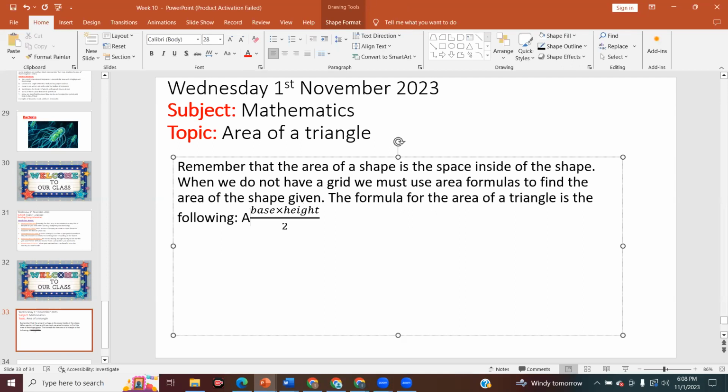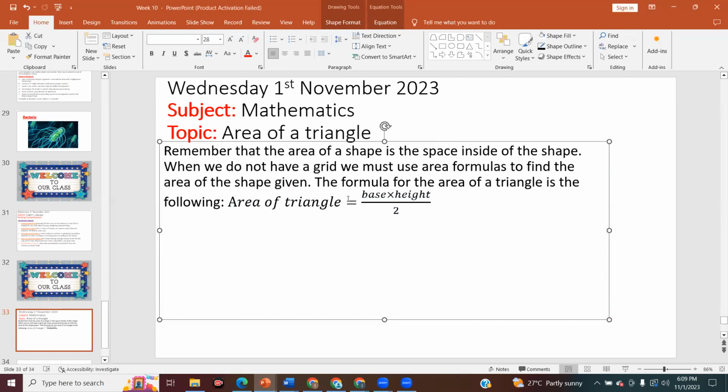The area of a triangle is equal to the base of the triangle multiplied by the height of the triangle, all divided by 2. That's a pretty straightforward formula.